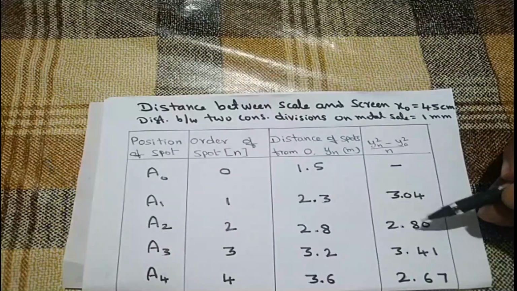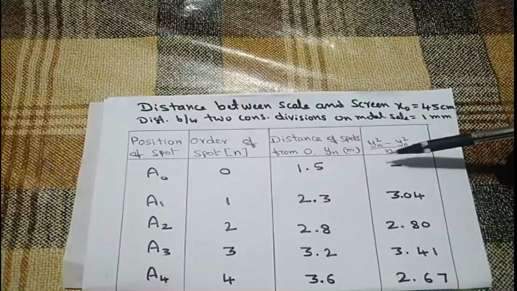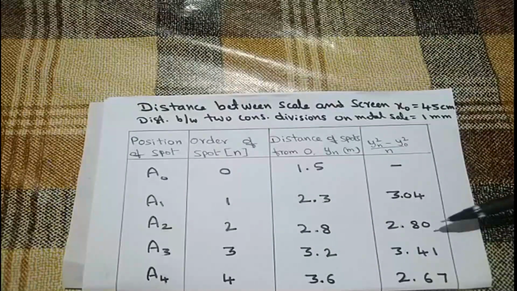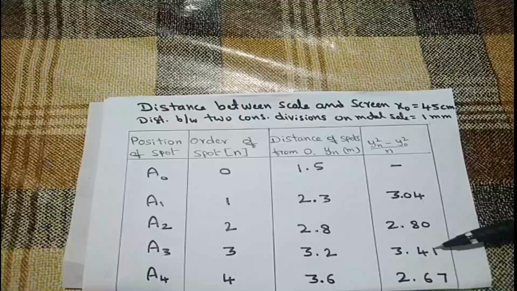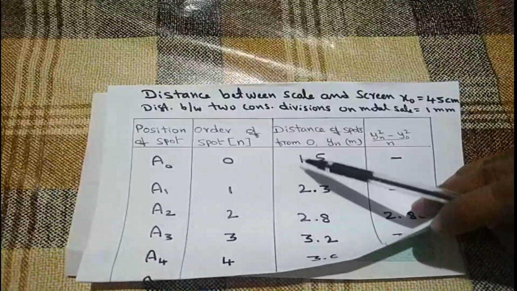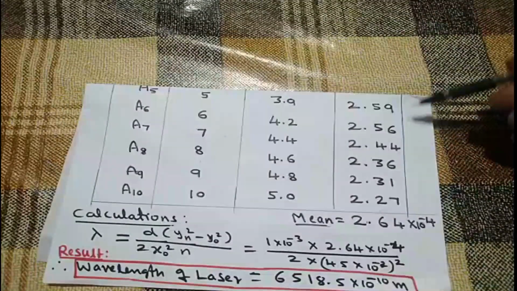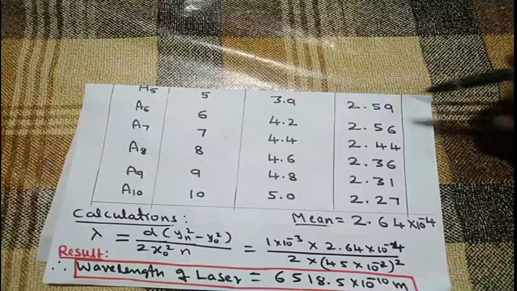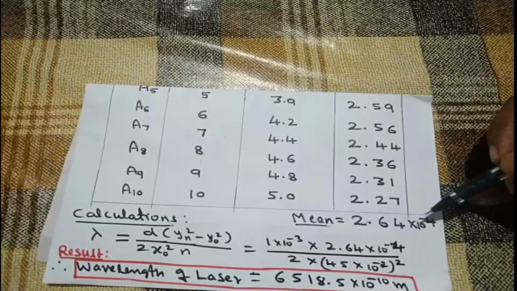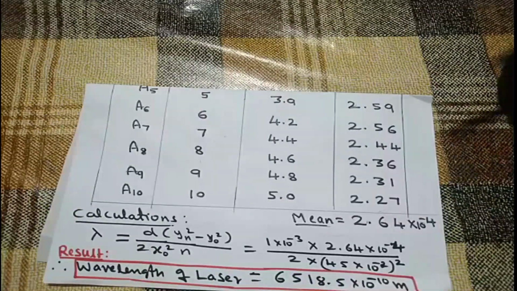Similarly, the second reading is 2.8 square minus 1.5 square divided by n equal to 2, and that calculation gives 2.80. Similarly, the third order gives 3.41, then the fourth order 2.67, etc. You continue the calculation for all 10 orders here. Then finally you take the mean value of all these. It is found to be 2.64 into 10 to the power of minus 4 meter, already converted to meter.